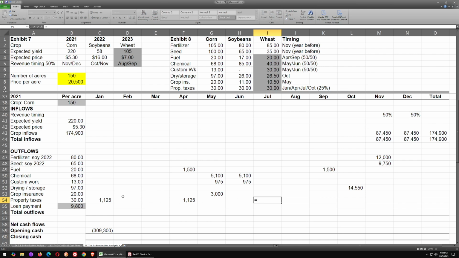So it's quarterly, except you have to do your payment when you pay your taxes. October equals 1125.